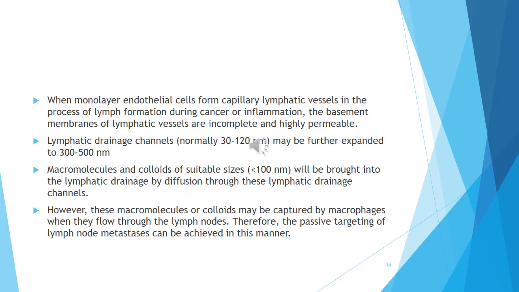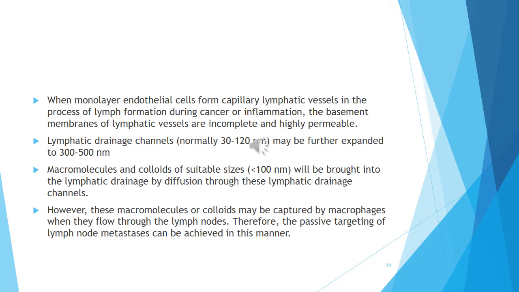When monolayer endothelial cells form capillary lymphatic vessels in the process of lymph formation during cancer or inflammation, the basement membranes of lymphatic vessels are incomplete and highly permeable. Lymphatic drainage channels, normally 30 to 120 nanometer, may be further expanded to 300 to 500 nanometer.